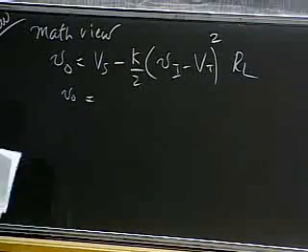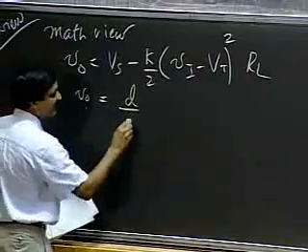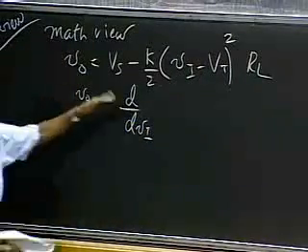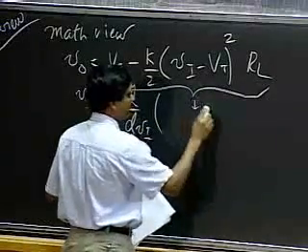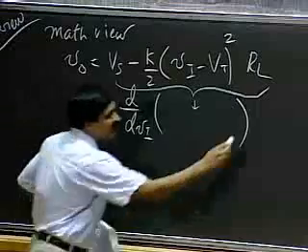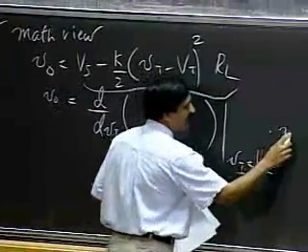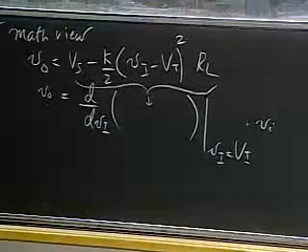And mathematically, I could get the small change in the output v0 by simply differentiating this function with respect to Vi, evaluating that function at capital VI and multiplying by the small change in the input. Okay?